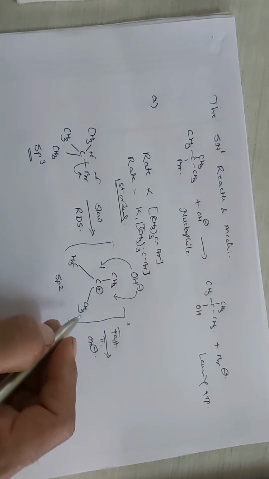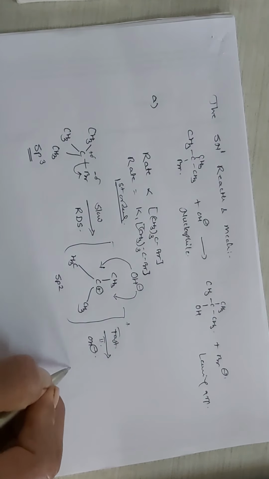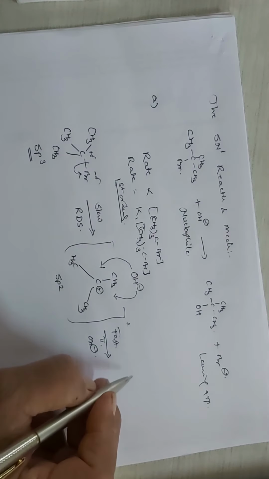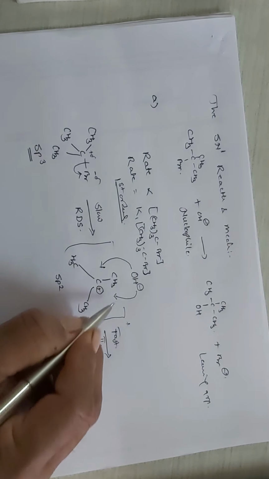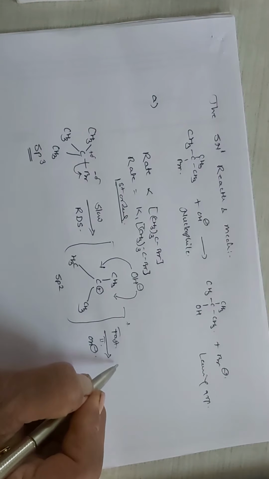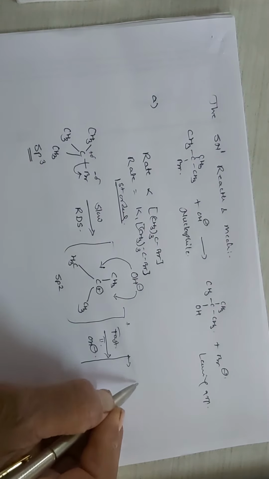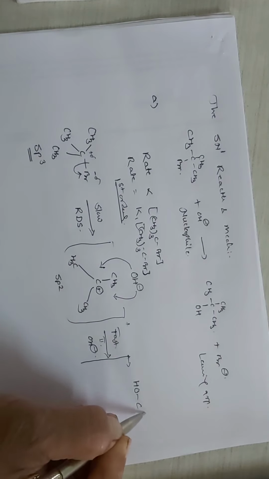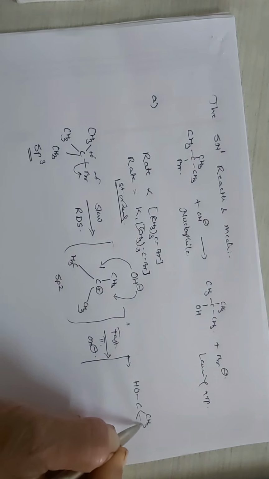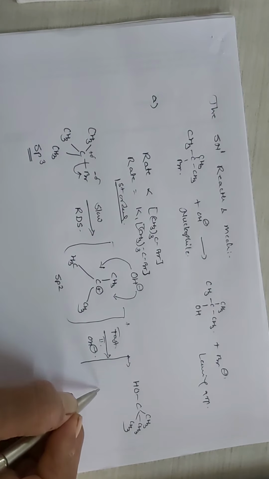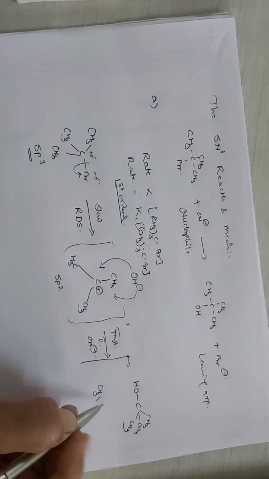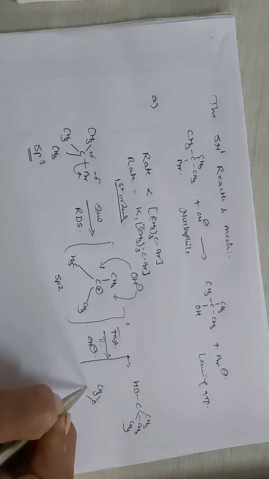And when the nucleophile attacks, you get the product, and you get two types of products because attack from both sides is possible. You will get the product with inversion in configuration, and you can also get the product with retention in configuration.